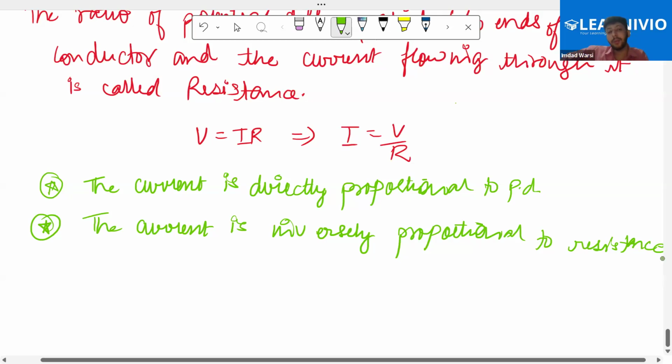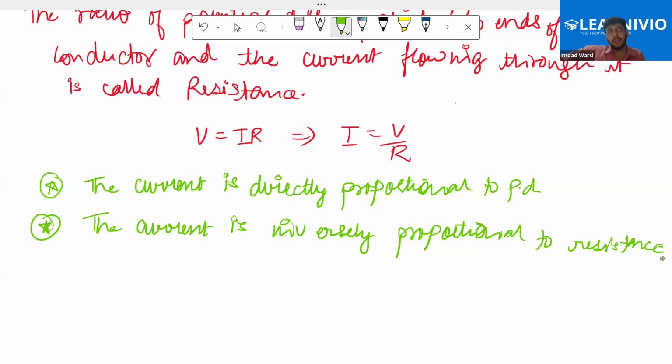Now you tell me, if I double the current in a circuit, first you write. What is the first star point?